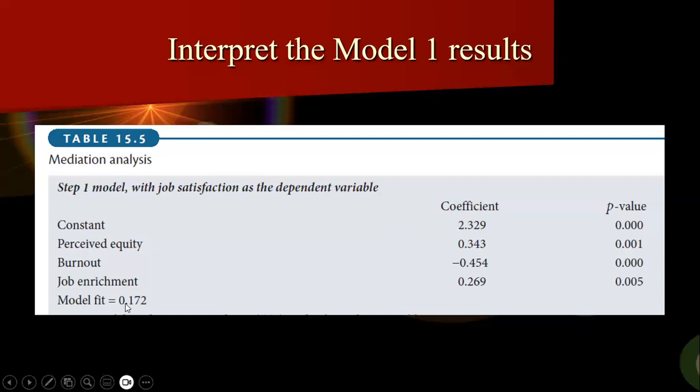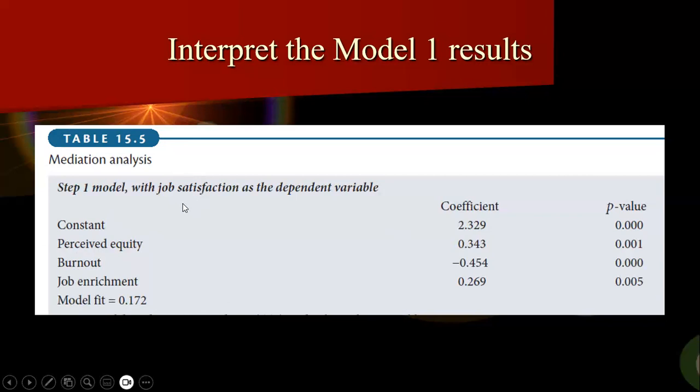Next thing, model fit. If you look at the 0.172, we will say that all these three independent variables have 17.2% influential power to bring change in the dependent variable, that is job satisfaction.